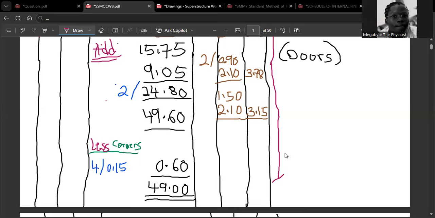After adding all of this, you're going to get 37.10.